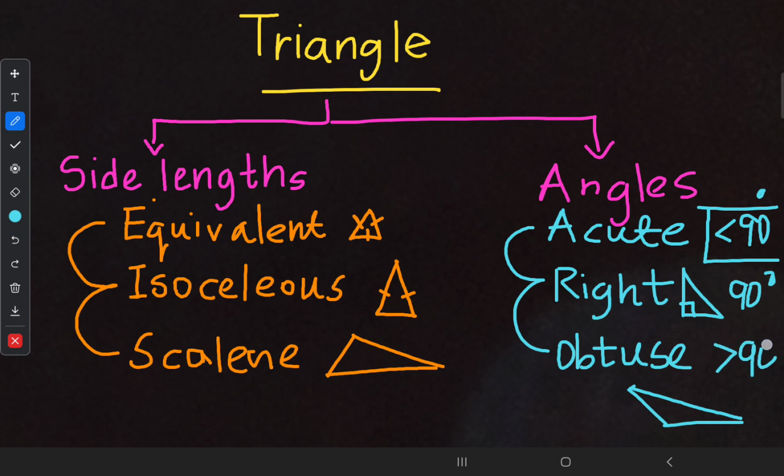In an acute triangle, all the angles are less than 90 degrees. In a right triangle, only one angle is equal to 90 degrees. In obtuse cases, one angle is greater than 90 degrees. These are the major classifications of triangles. Then let's see all these six things in detail.